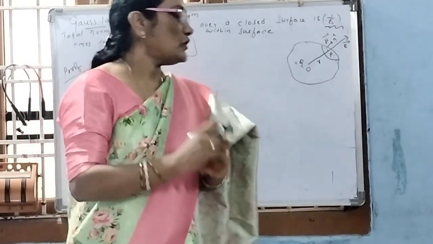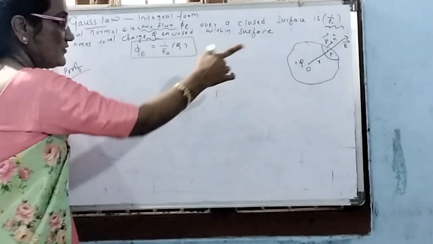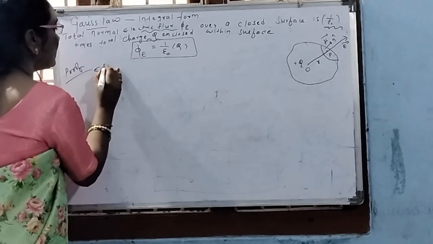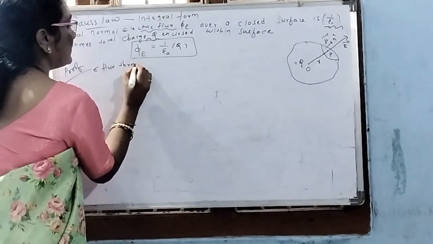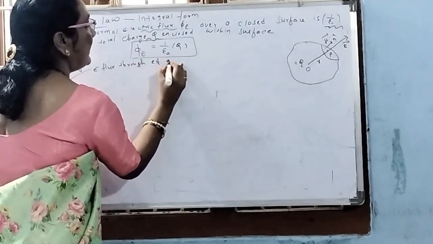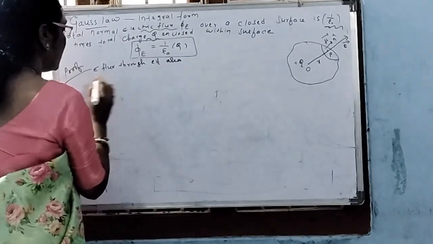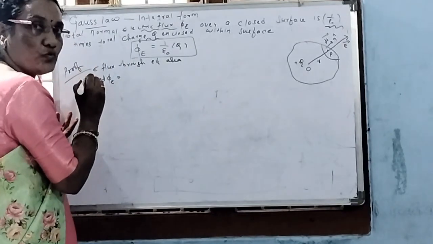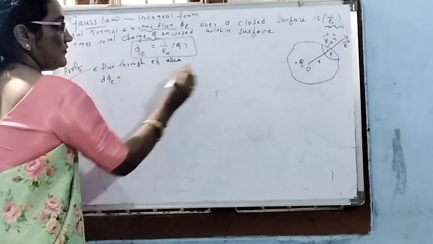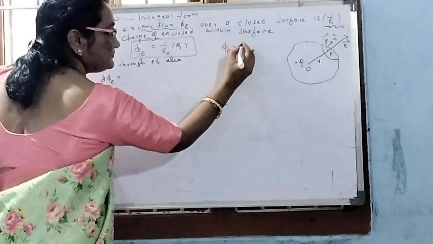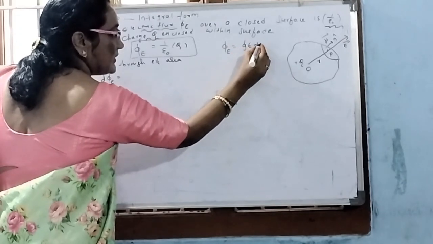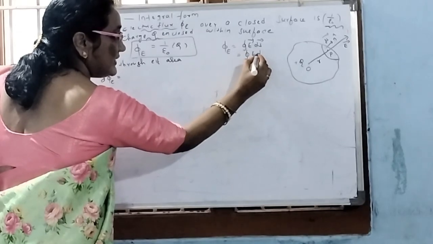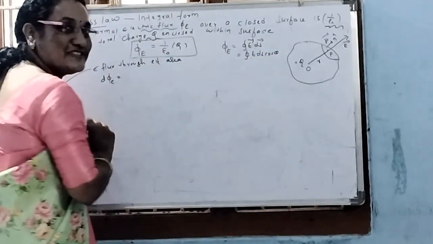Right? So now, let us write the electric flux through the elemental area. We will write it as d phi E is equal to, what is the electric flux formula? Integral E dot ds. And if theta is the angle, E ds cos theta.